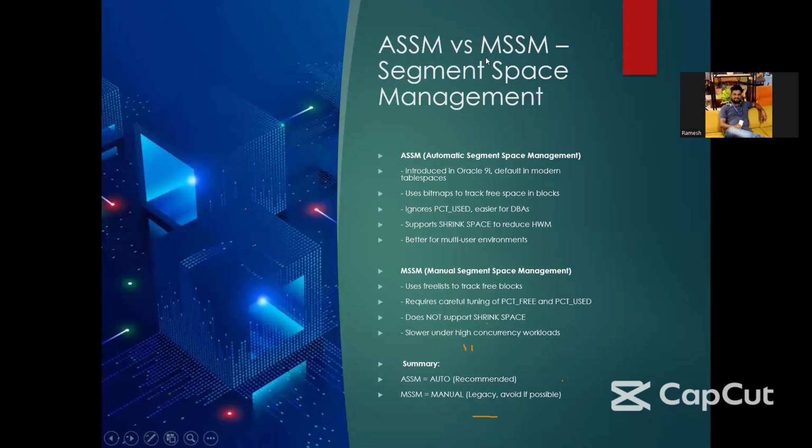ASSM is automatic segment space management, and MSSM is manual segment space management. ASSM was introduced in 9i, and it is very useful. Otherwise we would have to set PCTFREE and PCTUSED manually.